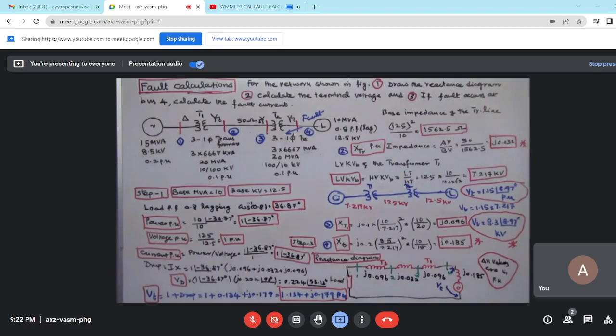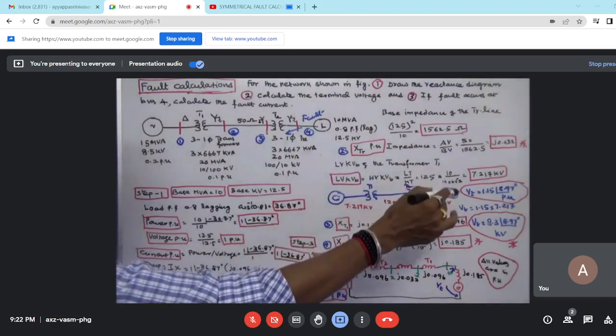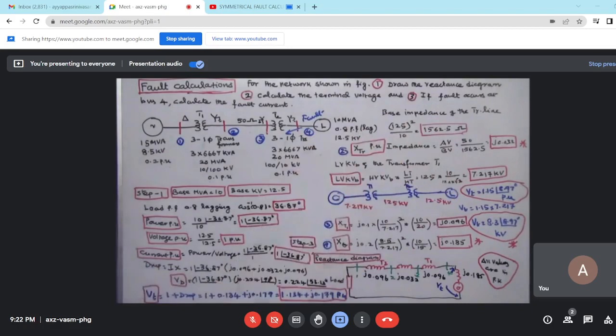Terminal voltage Vt is equal to per unit voltage, that is 1, plus drop, 1 plus 0.134 plus j0.179. Terminal voltage is equal to 1.134 plus j0.179 per unit in rectangular form. In polar form, Vt is equal to 1.15 angle 8.97 degrees in per unit.